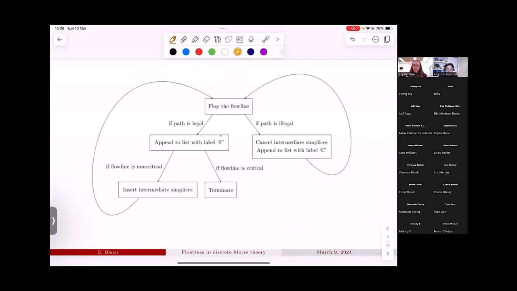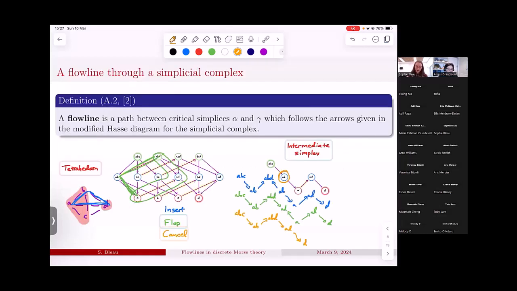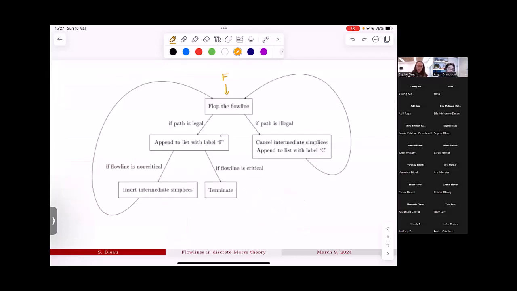The algorithm that I ended up with, I first of all took a flow line, flopped it. If I had this redundancy of going up and down in this kind of way that I was talking about, then I'd cancel, then I'd flop. If there wasn't any redundancy, then I'd insert the Morse arrow, then flop.